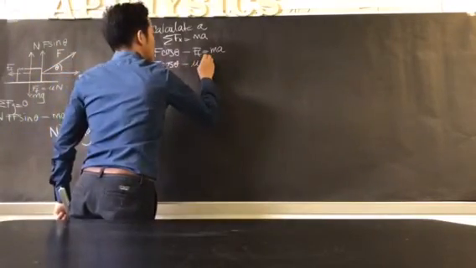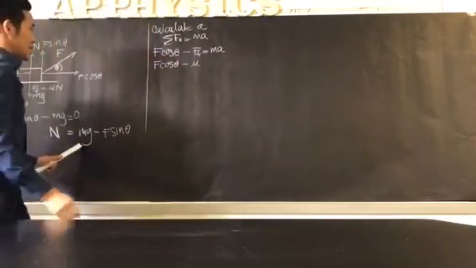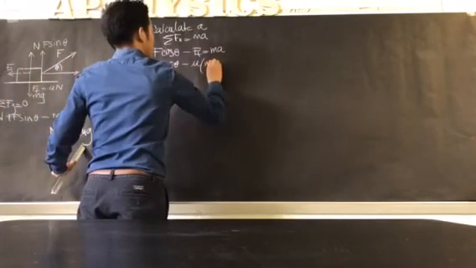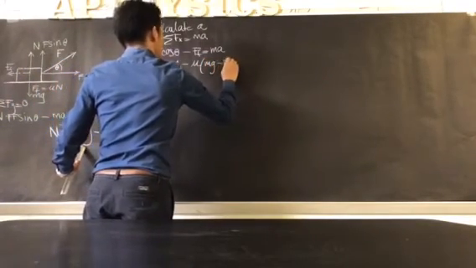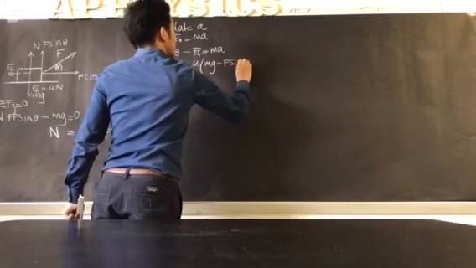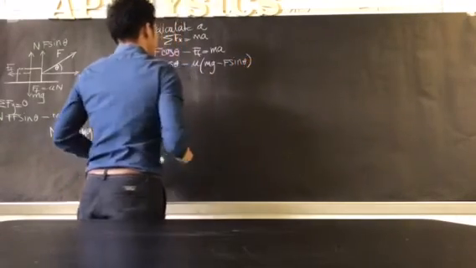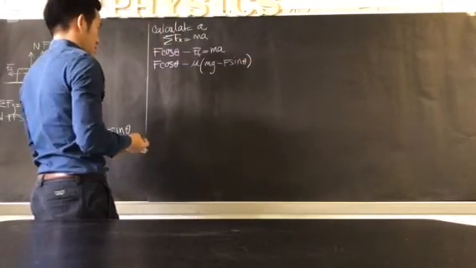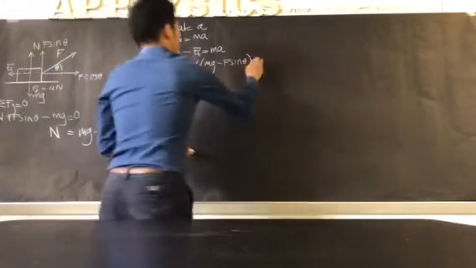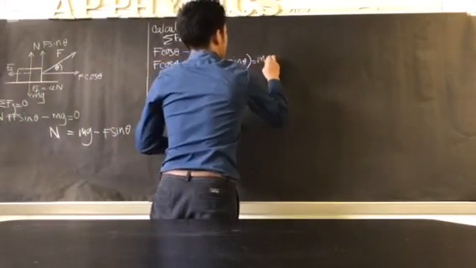So I write down mu, and I know what my N is in this case: mg minus F sine theta. That is equal to mass times acceleration.